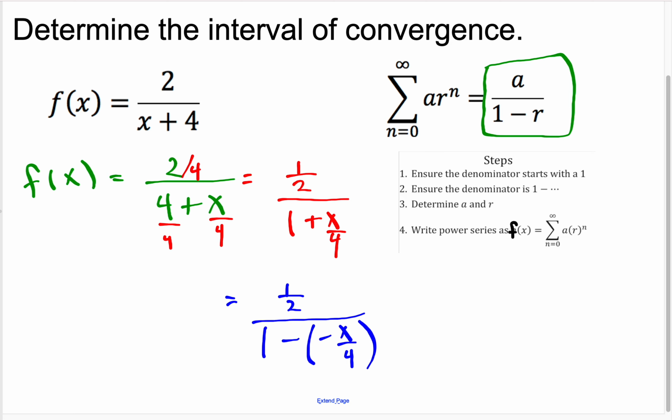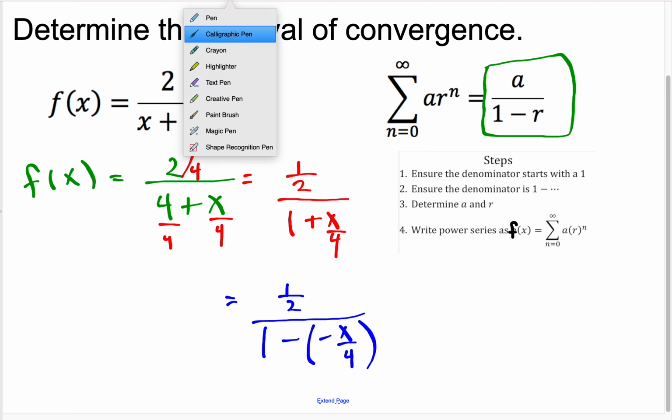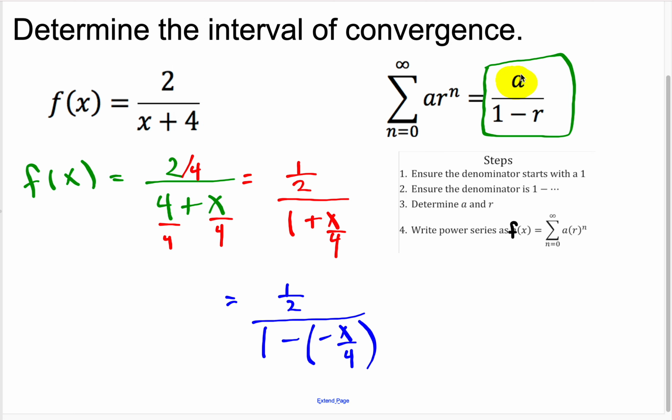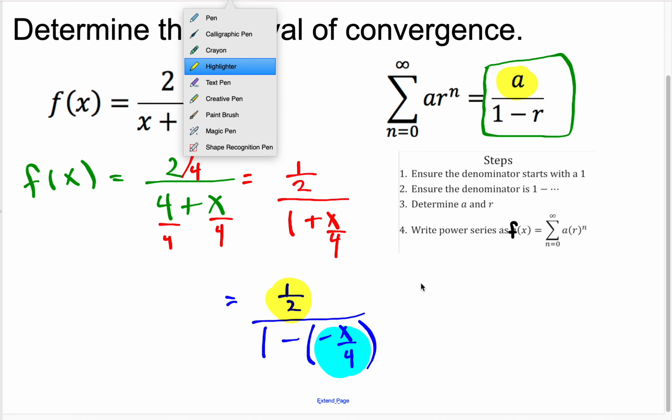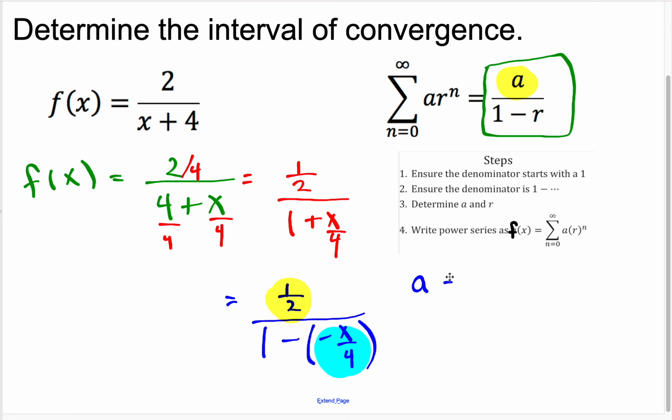We have now turned this into the form that we want, a over 1 minus r. So we know that a is 1/4, and we know that r is negative x over 4.